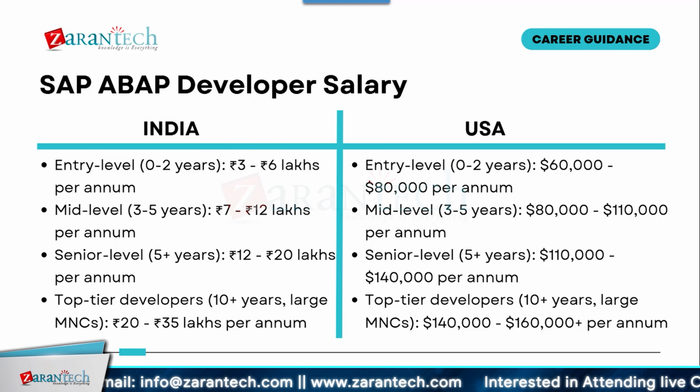And if I talk about senior level developers, then they can expect somewhere between $110,000 to $140,000 annually. And if I talk about top tier experts at large MNCs, then they can earn upwards of $140,000 to $160,000 or even more than that.